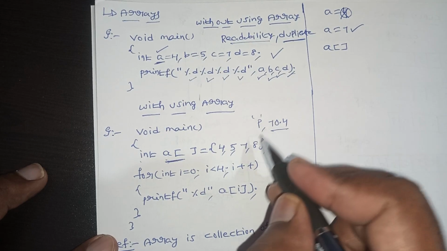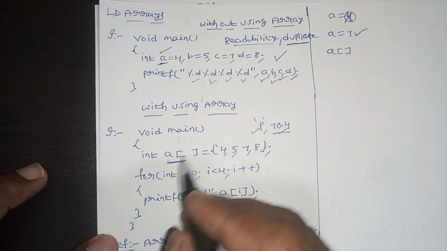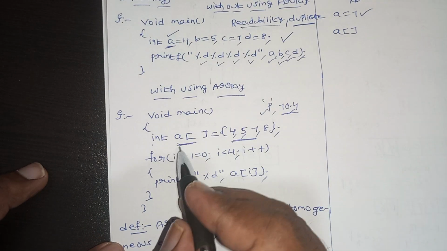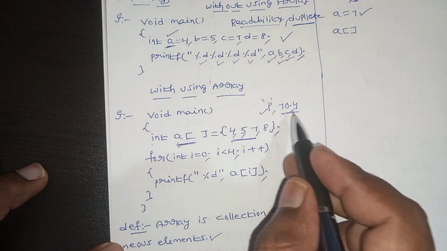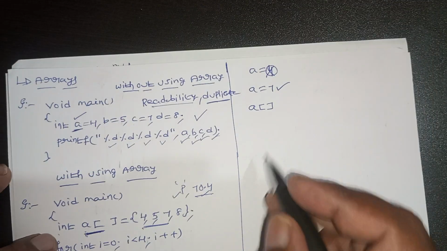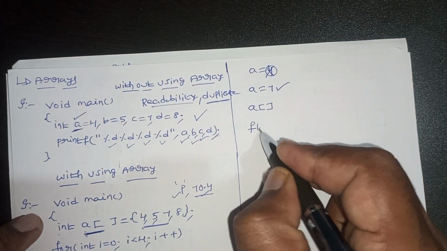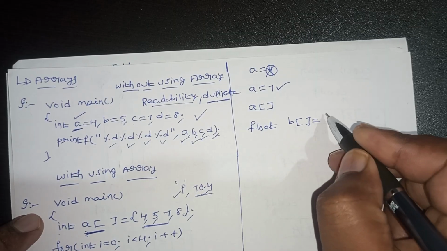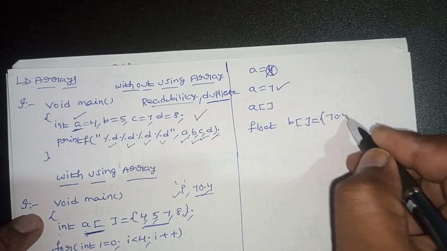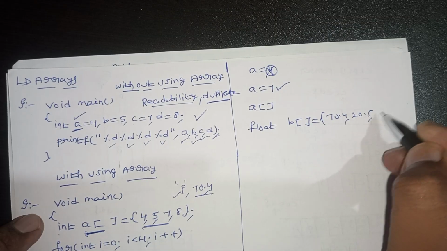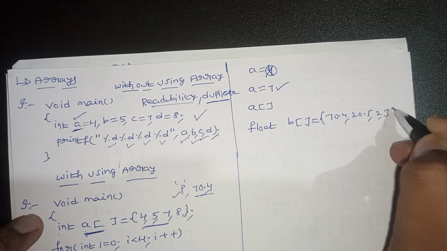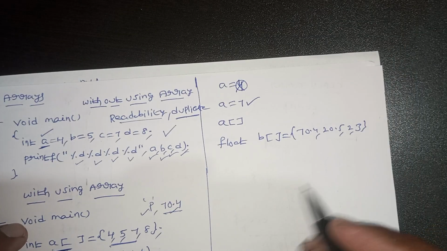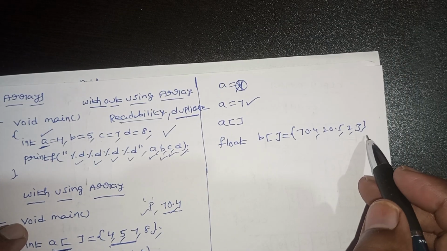These values are not allowed in this location because it is an integer variable. If you want to take 70.4, how to declare? I take one more, float b, with values 70.4, 20.5, 2, 3. Now it is valid. 2 becomes 2.0, 3 becomes 3.0.